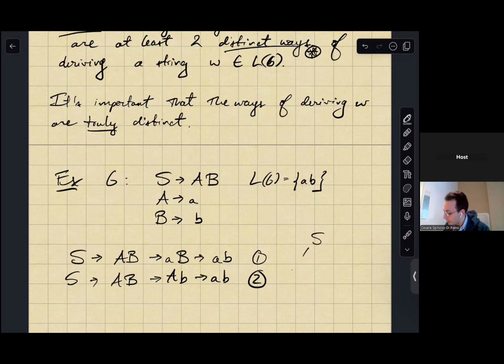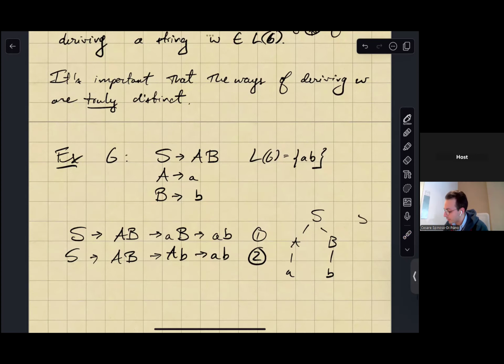It's S gives you AB, and then A gives you A, and B gives you B. So if you ignore the order of replacement of the production rules, then your derivation is not actually ambiguous, right? What we care about is meaningful differences, right? If it was something like S gives you A, and then that gives you B, C, and then this gives you A, and this gives you B, then that's meaningfully different, right?